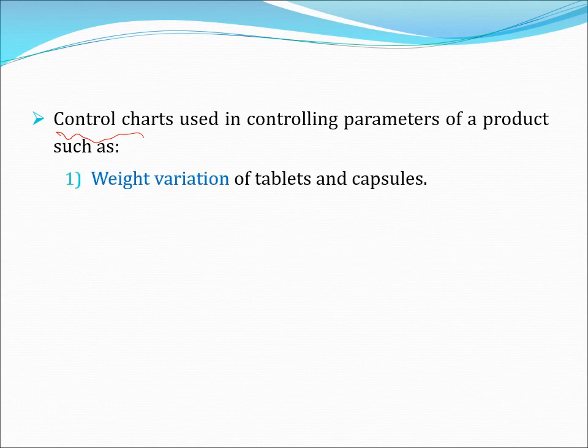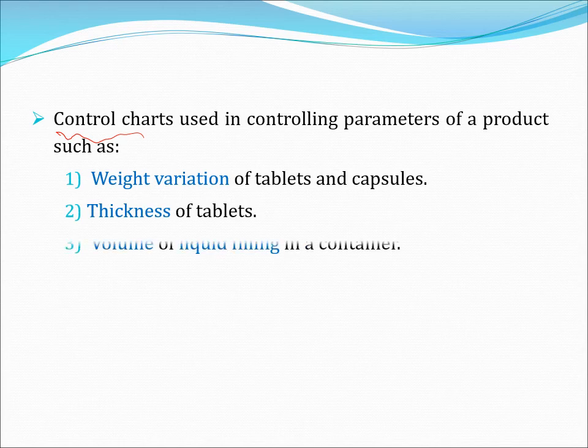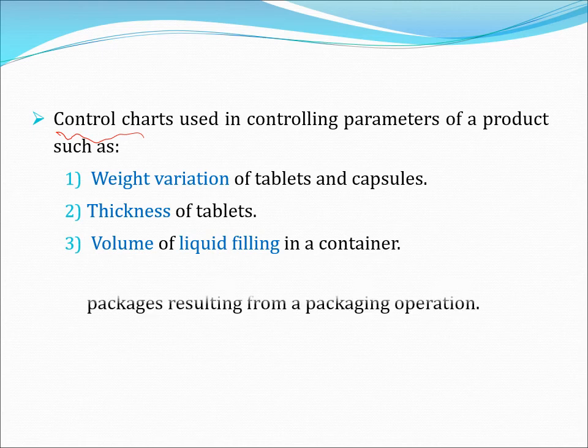To detect the assignable causes of variation and eliminate them, we need to use something called quality control charts. We can make a quality control chart for weight variation of tablets or capsules, for thickness of tablets, and for volume of liquid filling. If we have a liquid dosage form, we can check if every bottle is filled with the right volume or not.